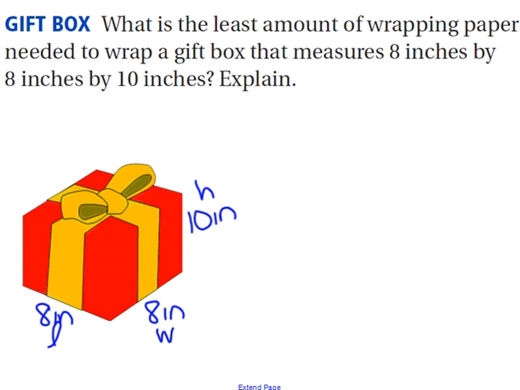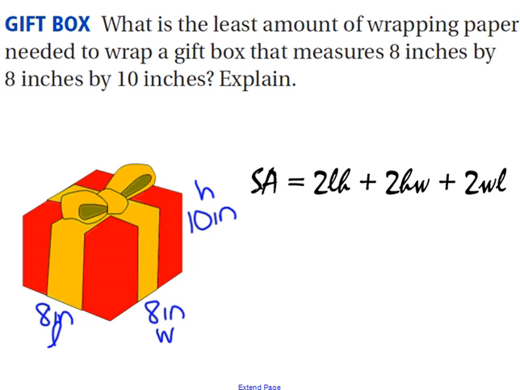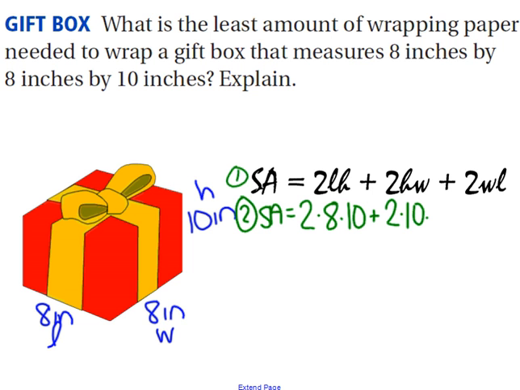All right, step 1, start with our formula. And then for step 2, we'll plug in what we know. So surface area is going to be 2 times 8 times 10 plus 2 times 10 times 8 plus 2 times 8 times 8.